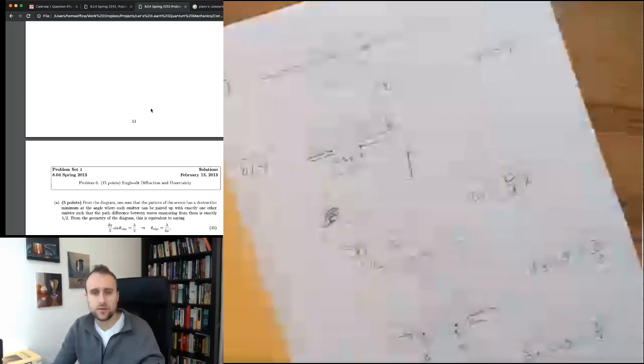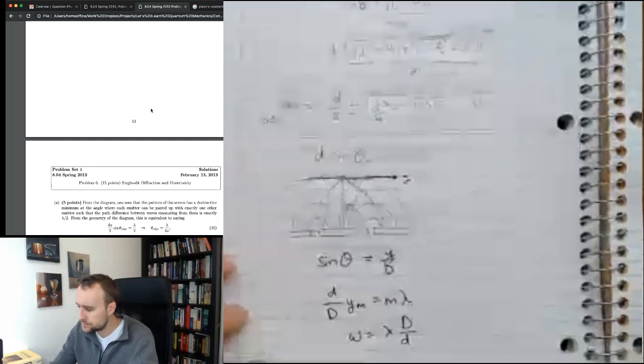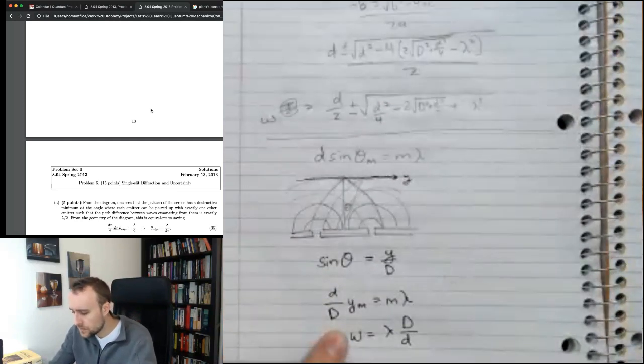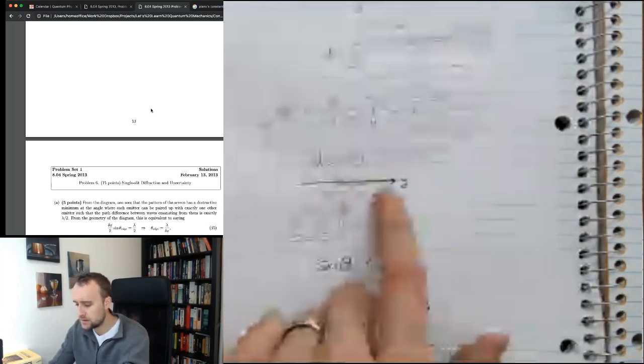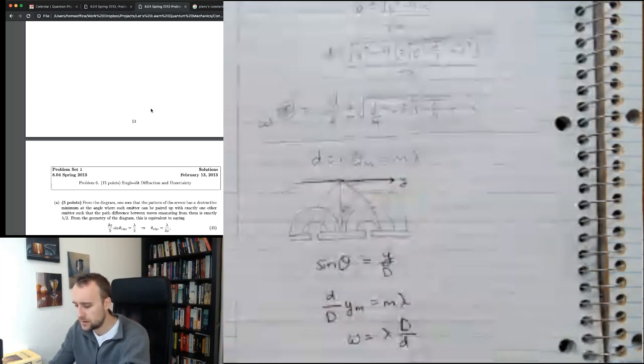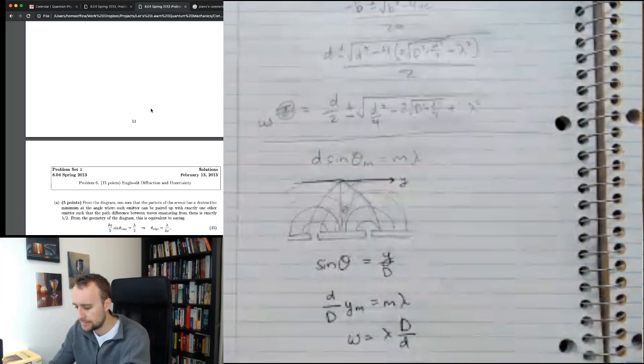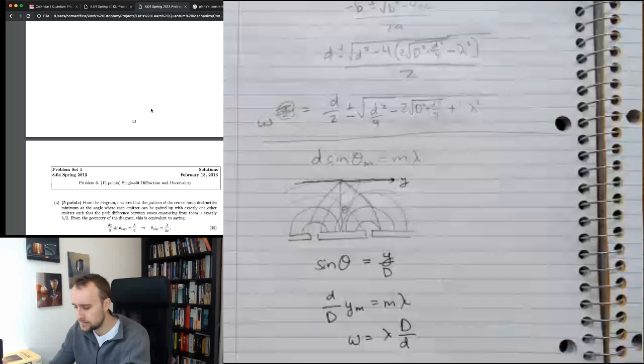Because in the original one, if we go back, it was just d sine theta. Why is it divided by 2 in both places?